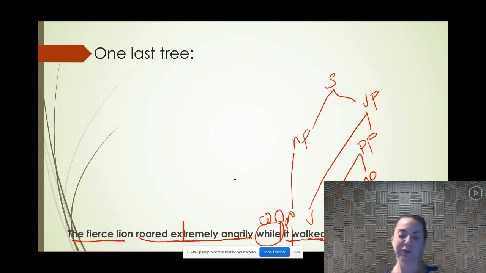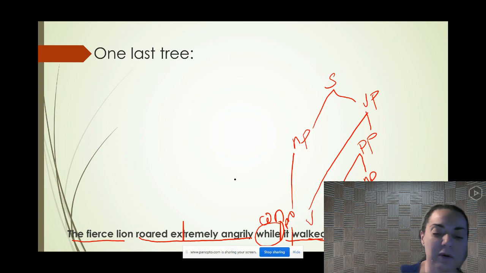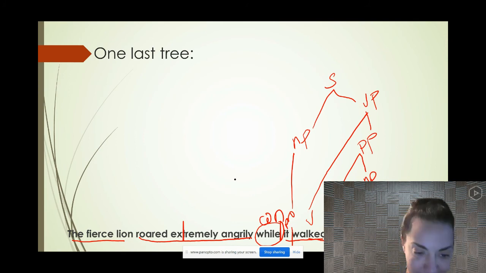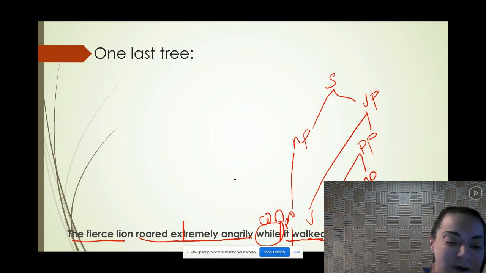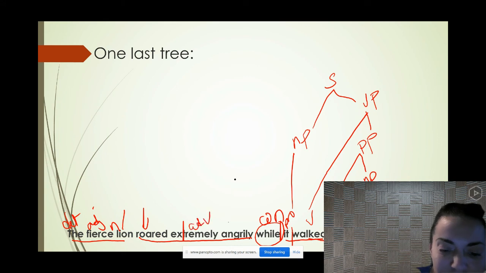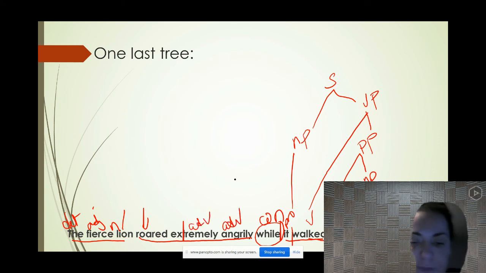Now, let's go to the first independent clause. So, we have the fierce lion. Okay, so we have two modifiers for lion. So we've got to bring lion up. Let's do the parts of speech: determiner, adjective, noun, verb, extremely angrily, adverb, adverb.